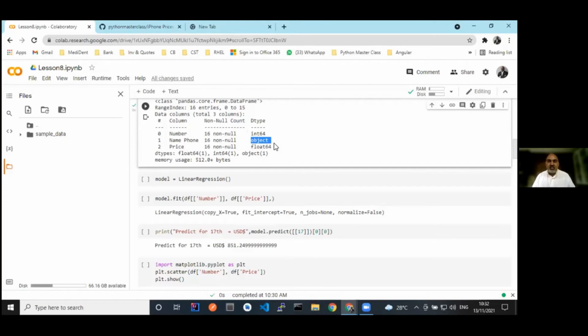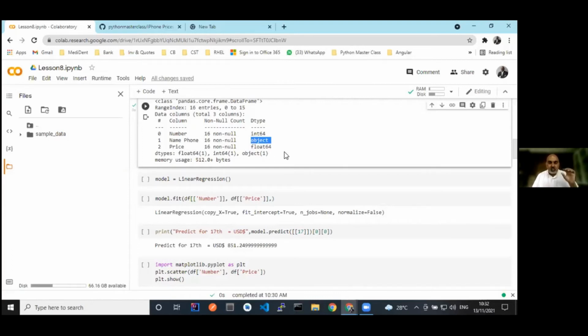An object can mean anything. A string is considered an object because it's a combination of characters and arrays. So it's saying, I don't really know what this is, so I'm going to call it an object. It's saying, be careful when you handle this because it is not straightforward. So that is where we are coming from.